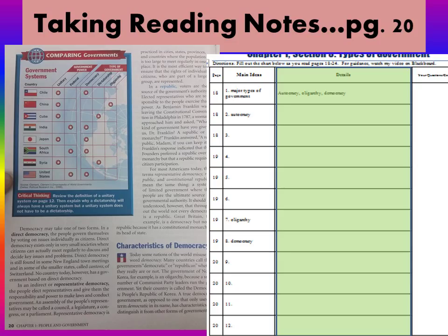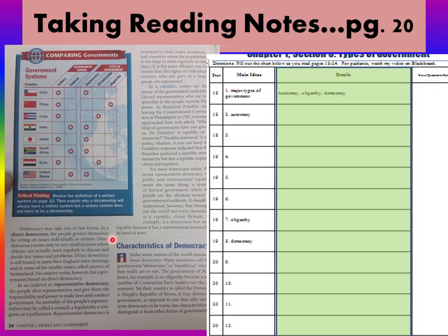Okie dokie. So now we are on to number 9. You should have put direct democracy down here. And to fill in the details, we are going to read this paragraph right here. Democracy may take one of two forms. In a direct democracy, the people govern themselves by voting on issues individually as citizens.